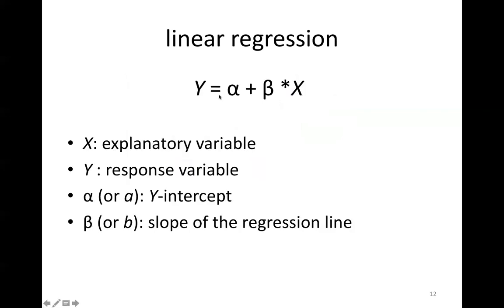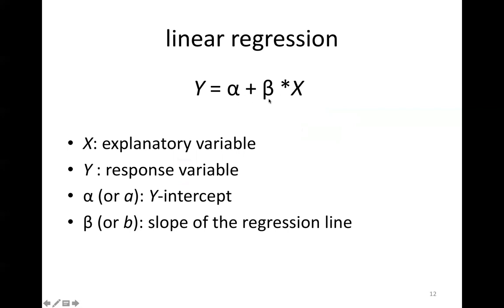The function has 4 components. 2 are the variables we're studying, x and y. Y is the response again. X is the explanatory variable, values of the explanatory variable. You can think of these as 2 vectors. Y is a set of values, x is a set of values. Alpha and beta are single values.